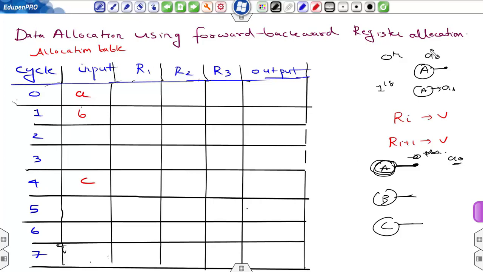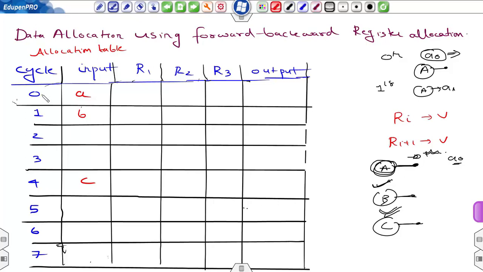Now we have to save this A0 in some register, so in the next cycle we have to assign a register to A0. The same applies for B and C. So during the time of its production, the variable doesn't need a storage element, and in the subsequent cycles we have to properly store the variable till it is dead.